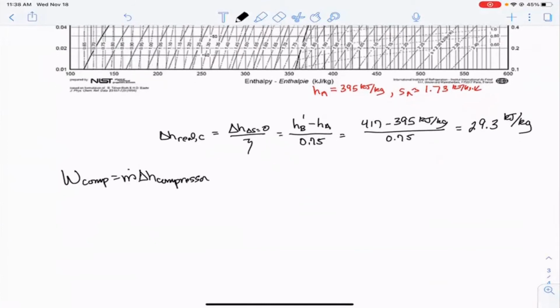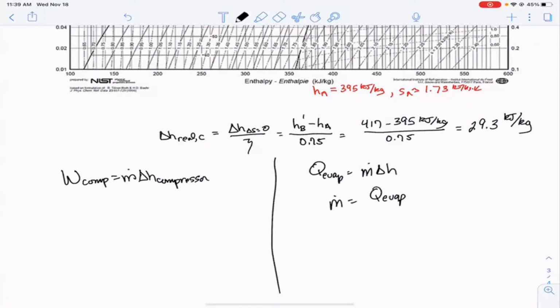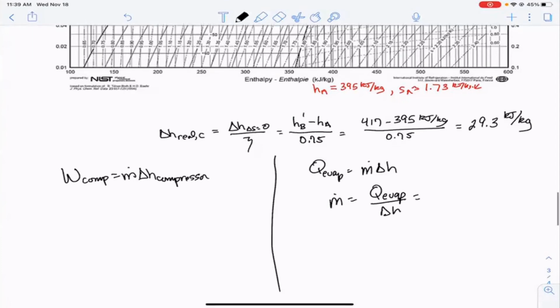So if we just put a pin on that for a second, in our evaporator, Q for the evaporator is equal to m dot delta H. So m dot just equals Q for the evaporator over delta H. And we're told what Q evaporator is, that's 2000 kilojoules per second.